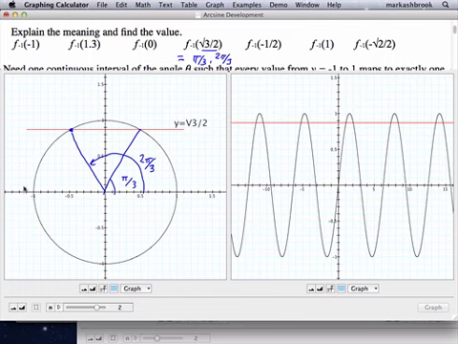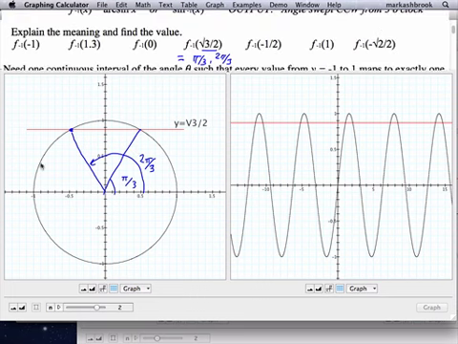I can go around once, I can go around a second time, and I'm going to get two more angles. And if I run a third period, I'm going to get these two. Every time I go around the circle, I'm going to get two more angles that give me that vertical distance. So the list goes on and on.